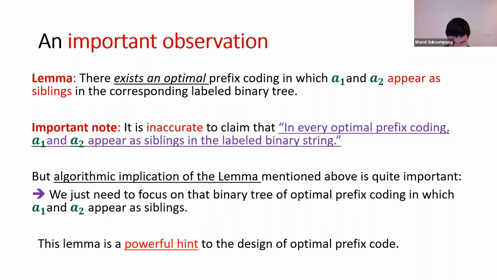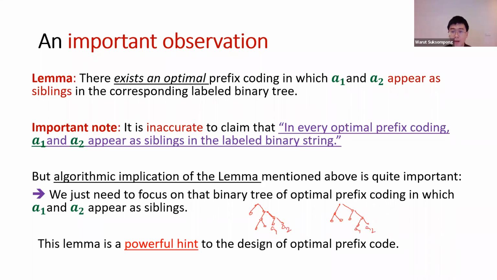So suppose, for example, the alphabet has size 5, so this is one possibility. Or is it this one?